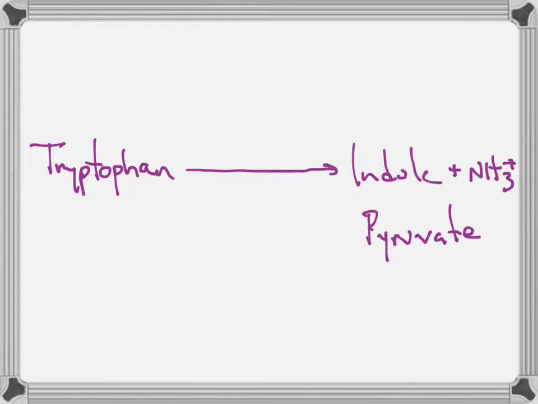What happens to that pyruvate? Or what could potentially happen to that pyruvate? What's that? Krebs cycle, exactly. So what we find is that in this case, in order for that tryptophan to lead to some sort of energy production to provide ATP, that pyruvate has to go through respiration.